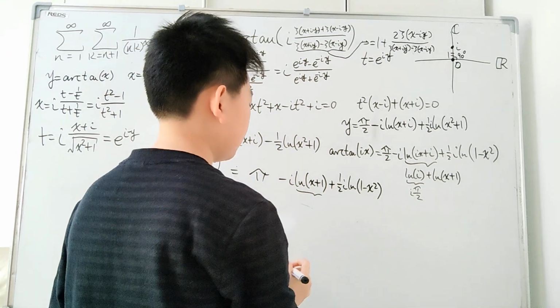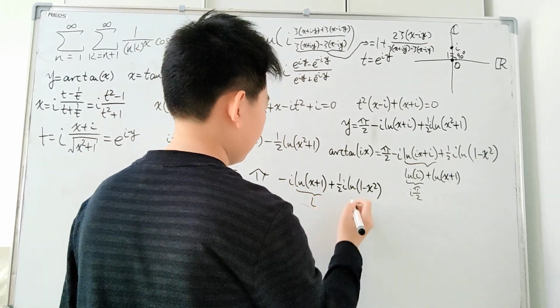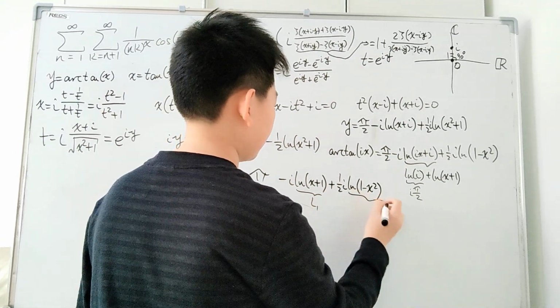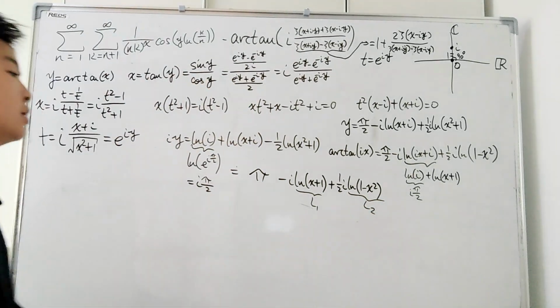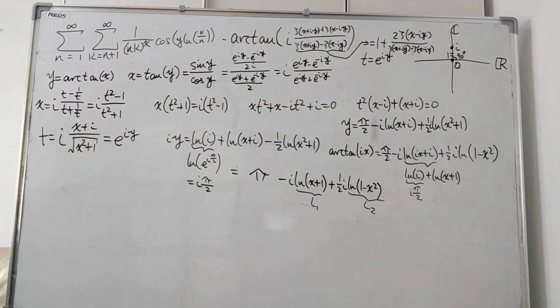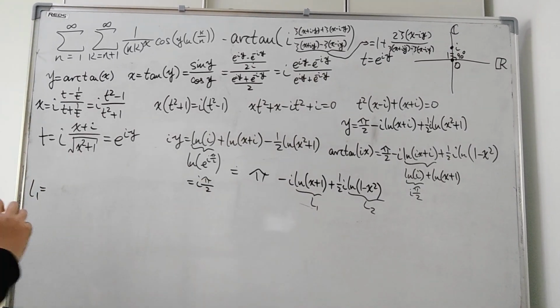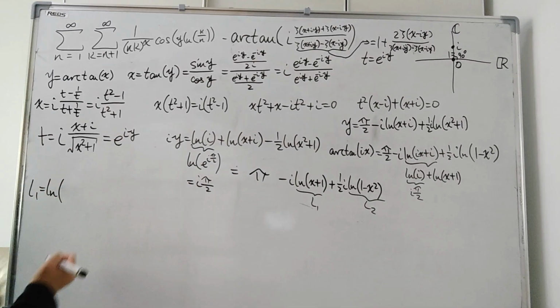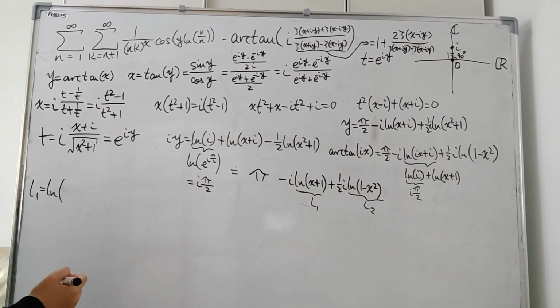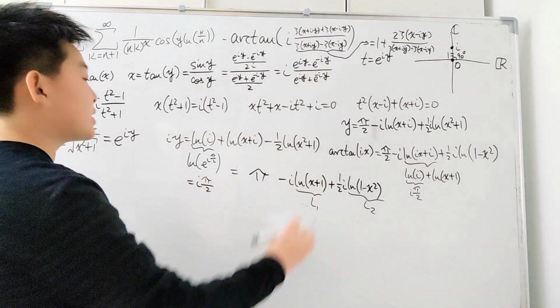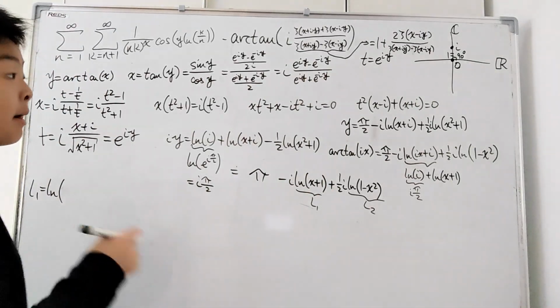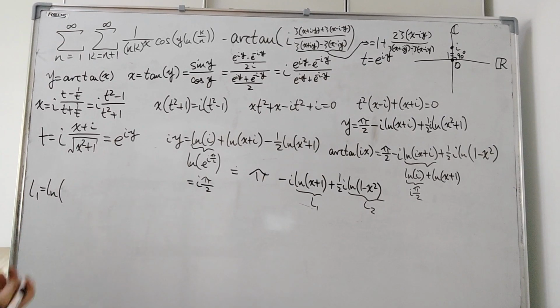Anyway, I'm going to set this to be L1 and this to be L2, just to make it a bit easier. And so we have L1 is equal to the natural log of, oh boy. I'm going to rationalize the denominators in my head so that it's not too complicated.